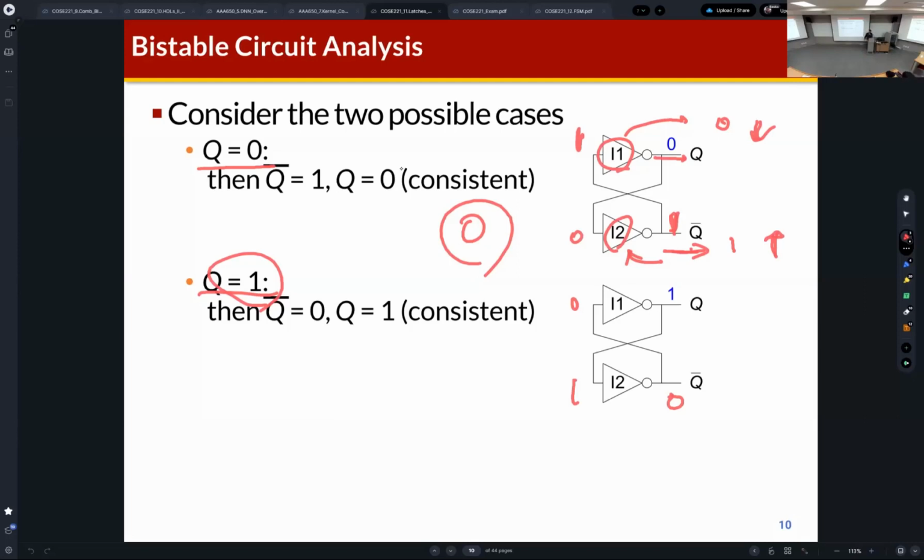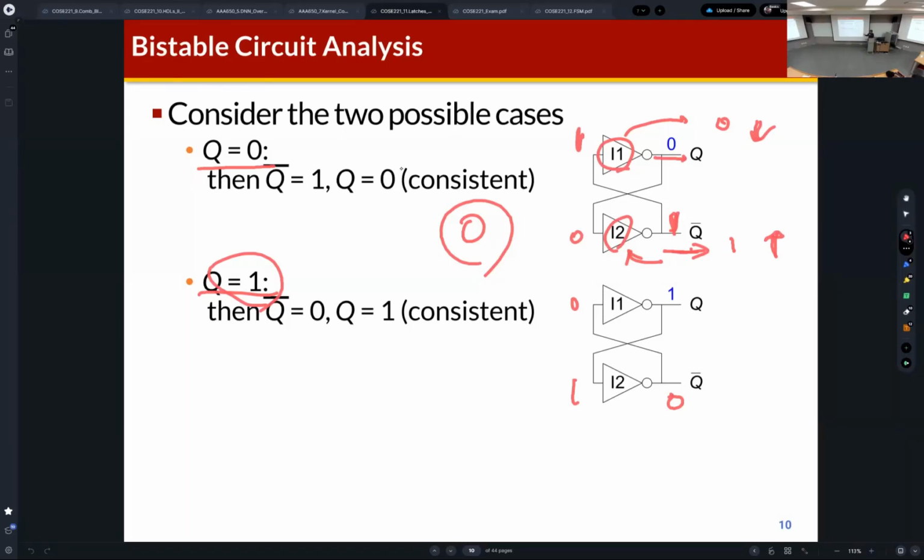The popular type is the DRAM, but we can use the SRAM. This is the circuit of the SRAM, which means the current value can be kept inside this bistable circuit.